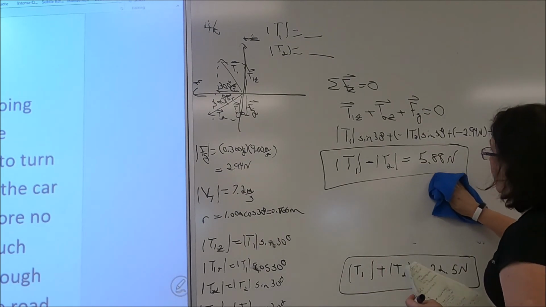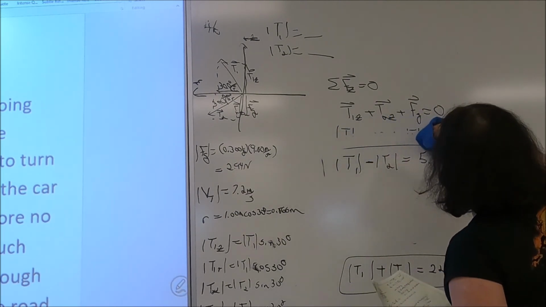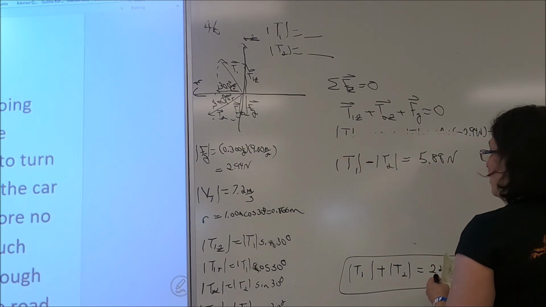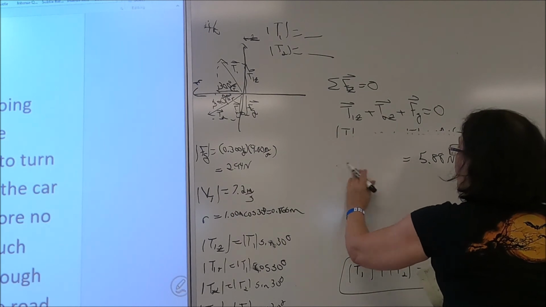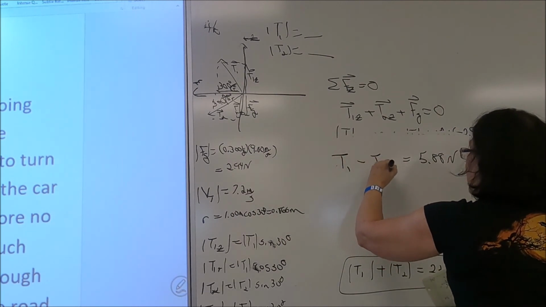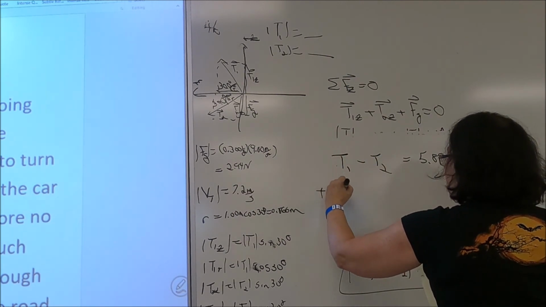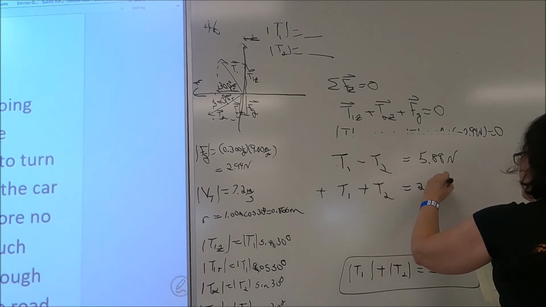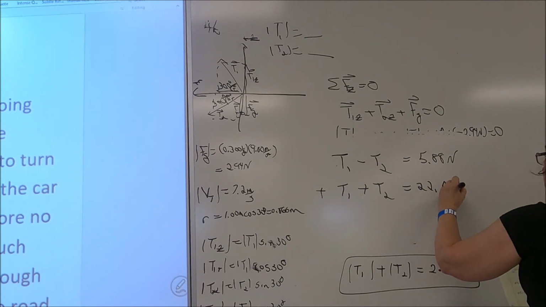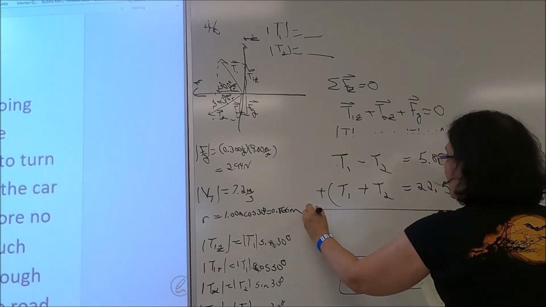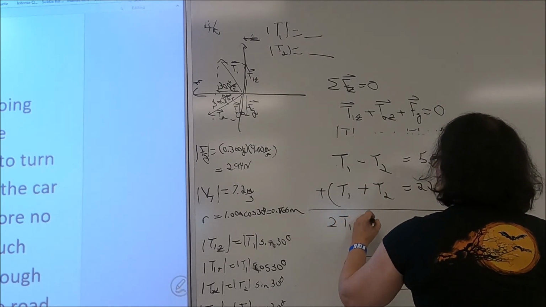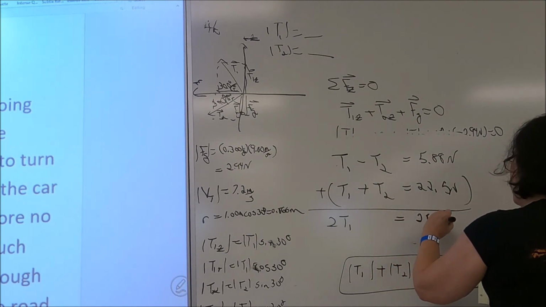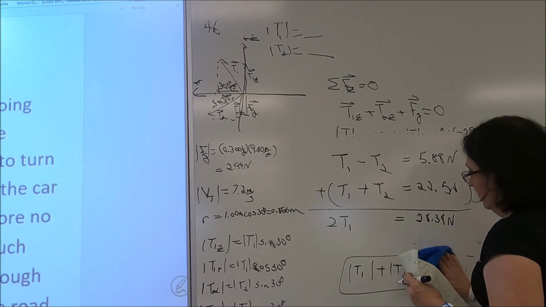I'm going to bump this guy up. So if I just write T1 minus T2 plus T1 plus T2 equals 22.5 newtons. If I add these together, I get 2T1 is equal to 28.38 newtons.